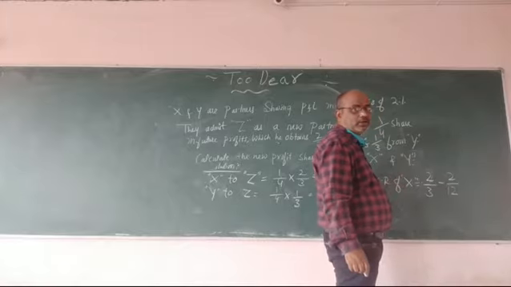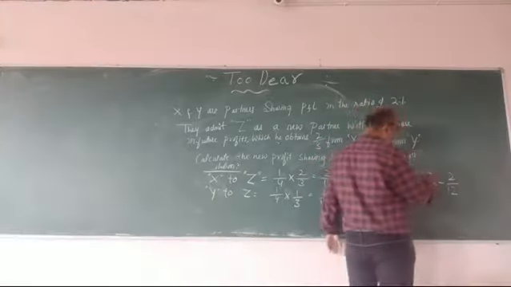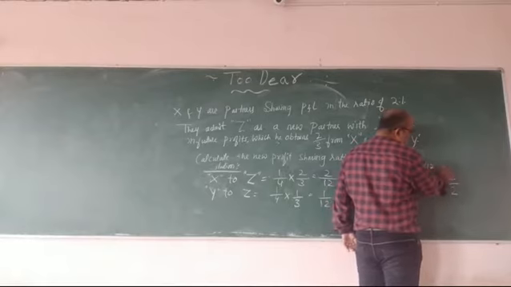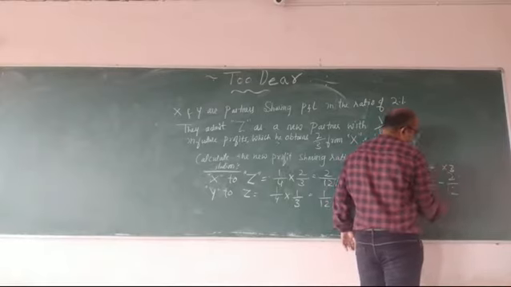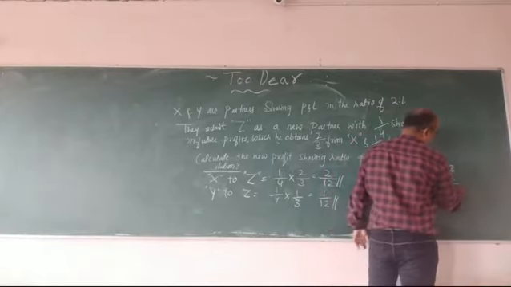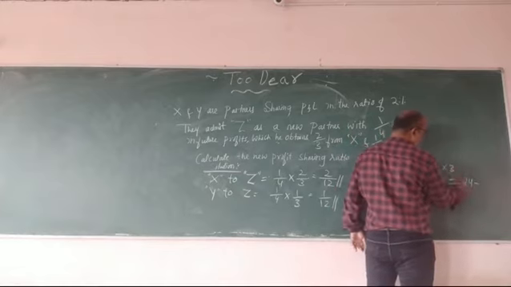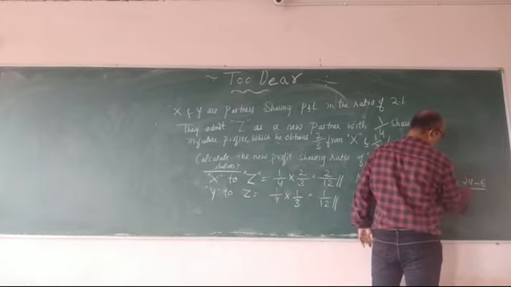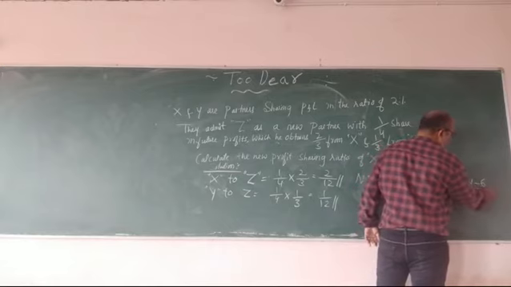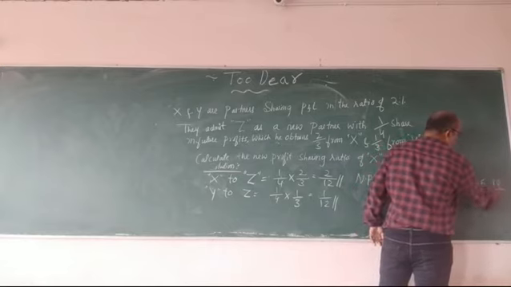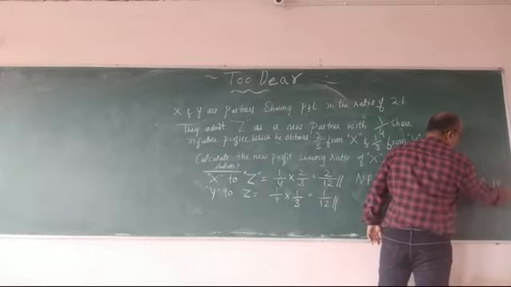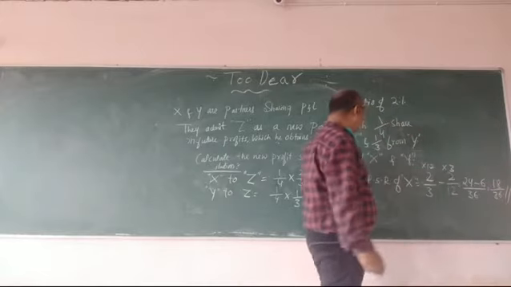Here I am using the cross multiplication method. 12 into 3, so 12 twos are 24, 24 minus 2 threes are 6, divided by 36, equals 18 by 36. This is the new profit sharing ratio of X.